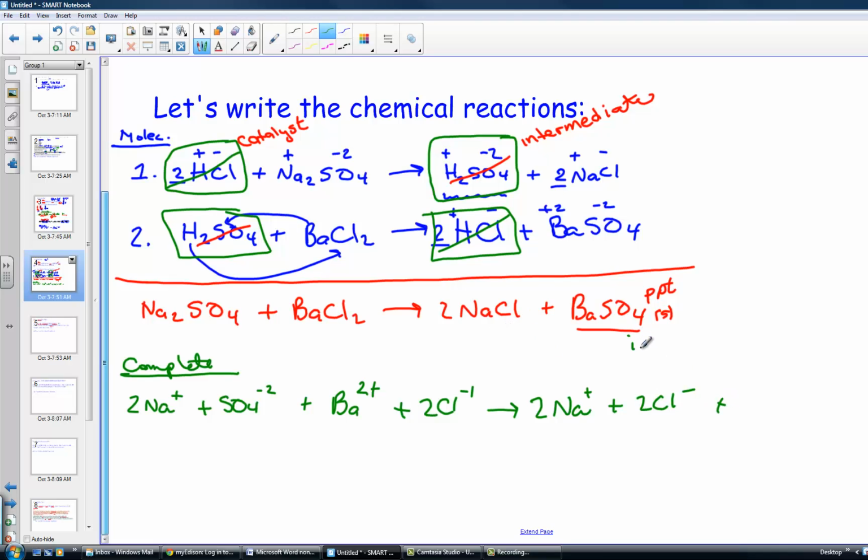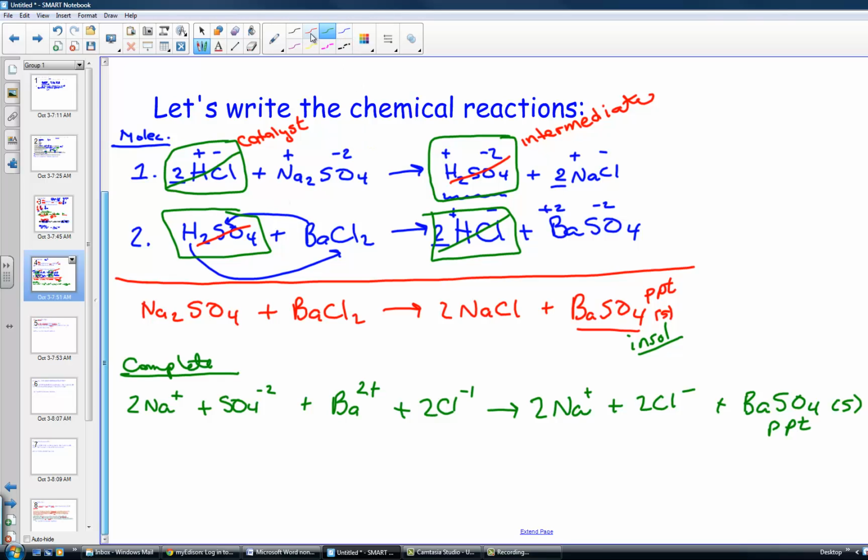But right here, from our solubility table, we know that barium sulfate, check your solubility table with me and you'll verify it's insoluble. There's the driving force. The BaSO4 coming out instead of aqueous is now a solid. There's your driving force. That's a white-colored precipitate.